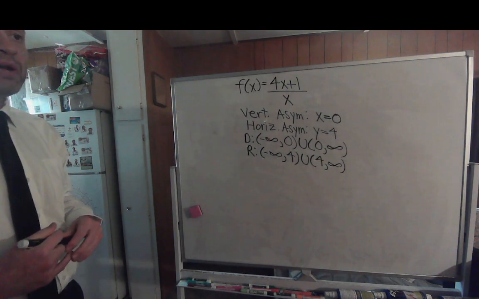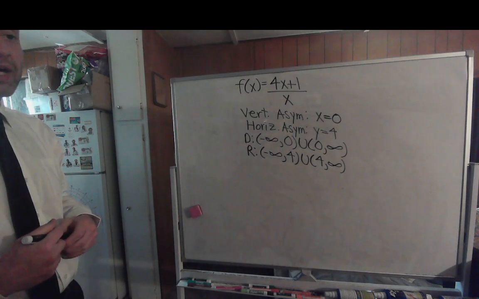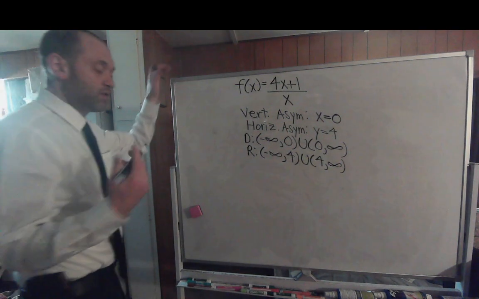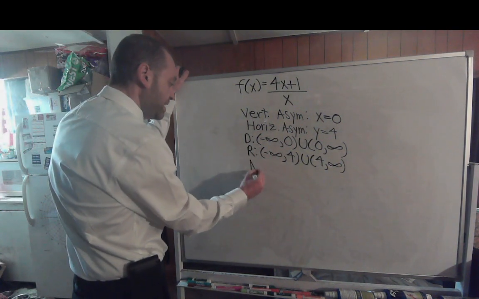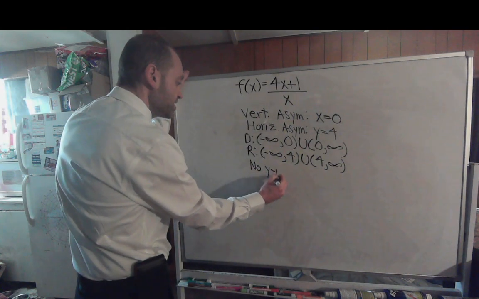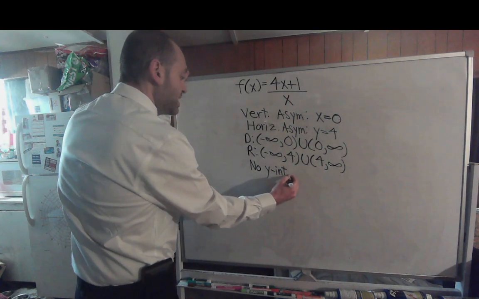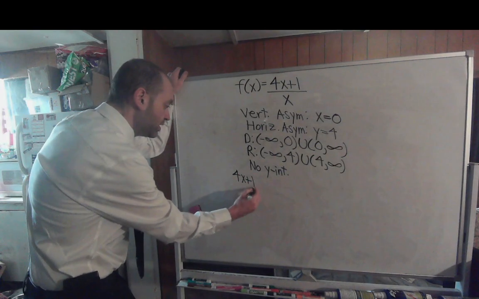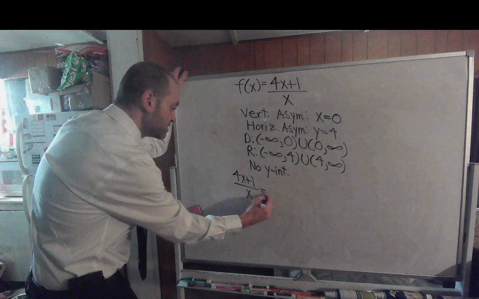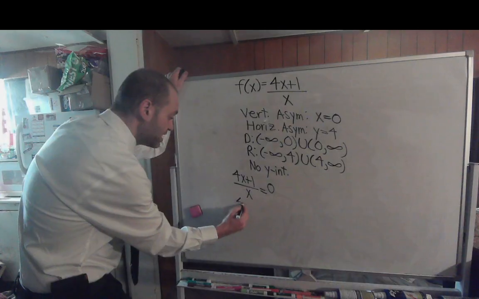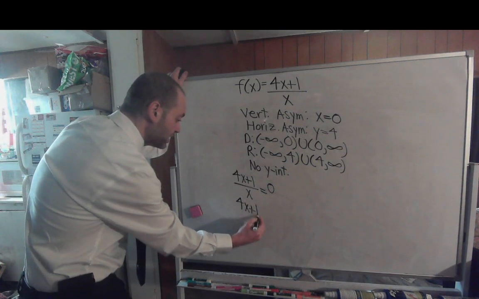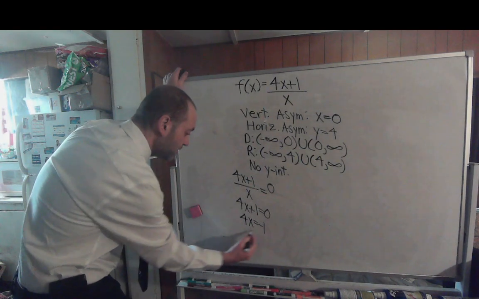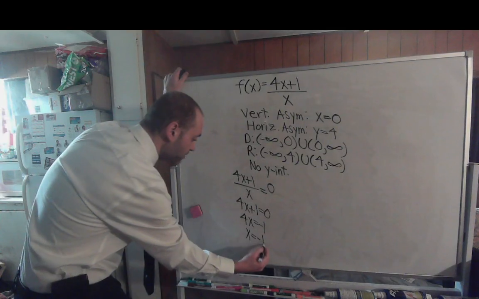Now let's talk about intercepts. Y-intercept would occur when x is 0, but that would make this equation undefined. So we can soundly say we have no y-intercept. Can't say the same for x-intercepts. If you take 4x plus 1 over x, set it equal to 0, you would end up getting 4x plus 1 equals 0, which would give you 4x equals negative 1, and then x would equal negative 1/4.